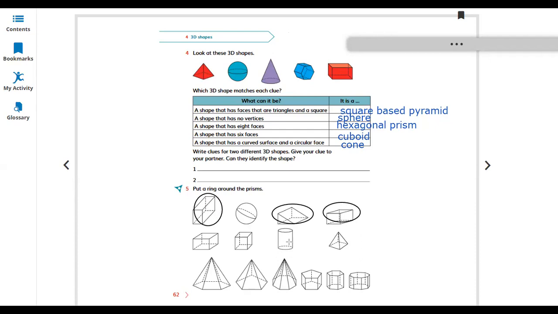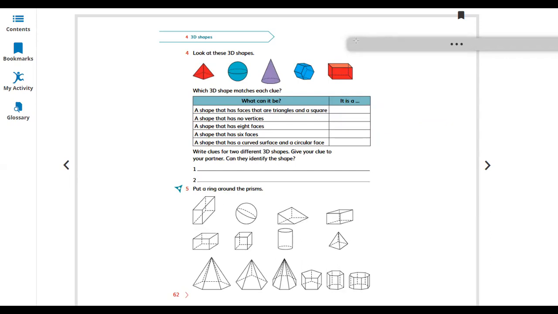Cylinder, sphere, not coming in the prism. And this one also. This one also. Flat surfaces, same size and shape. You can say also. This also. This one, and this one. And these three, no, not flat surfaces. So these are the prisms which I circled.